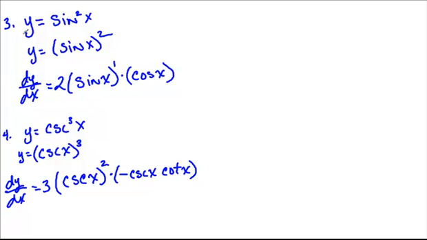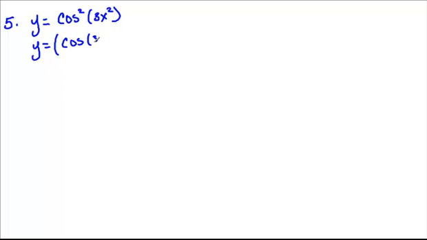So let's do a couple more here and we'll finish this video up. Okay, this is cosine squared of 3x squared. Oh, we've got a triple layer here. So let's take a look at what's happening again. Remember, we rewrite it as this, like so.